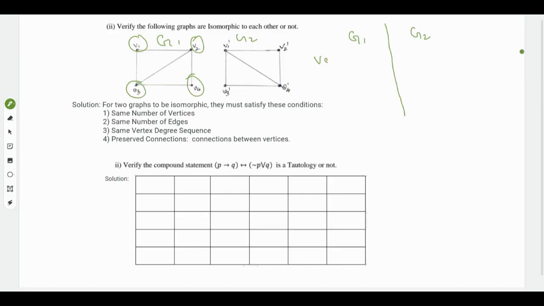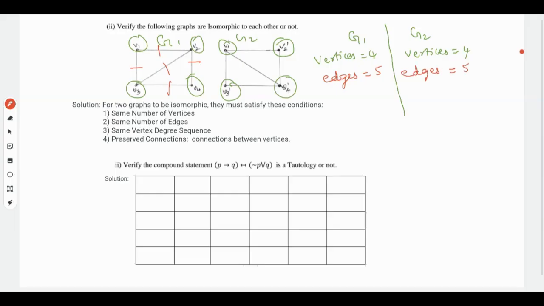Vertices are 4. For the second one we have 1, 2, 3, 4, so here also vertices are 4. Then we count the edges. We have 1, 2, 3, 4, 5. Edges are 5, and here also edges are 5.